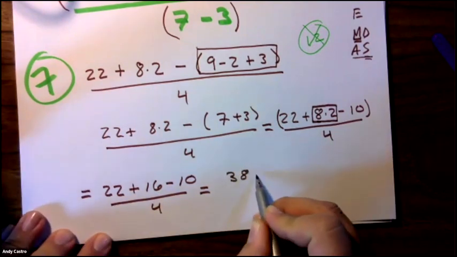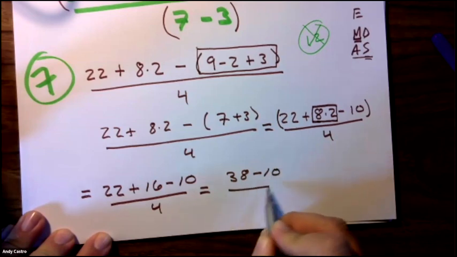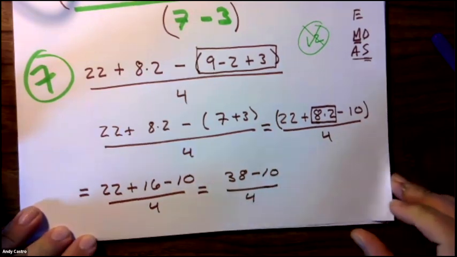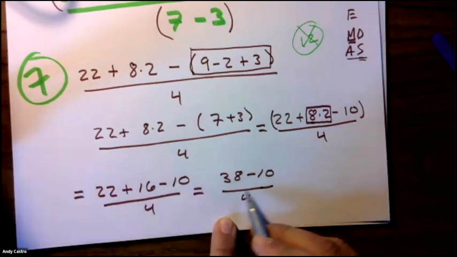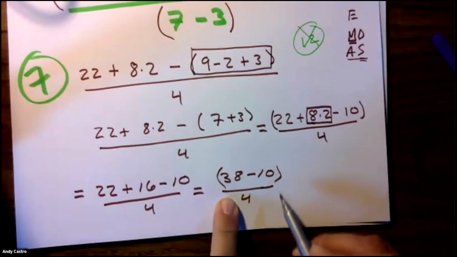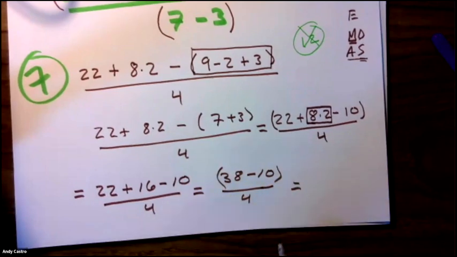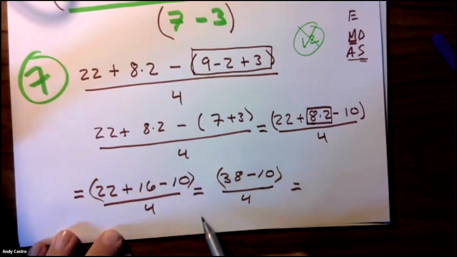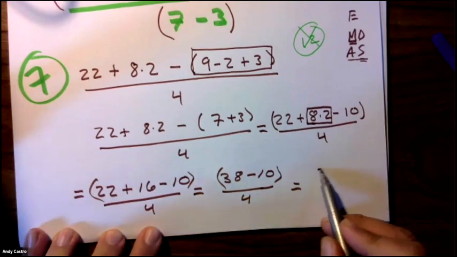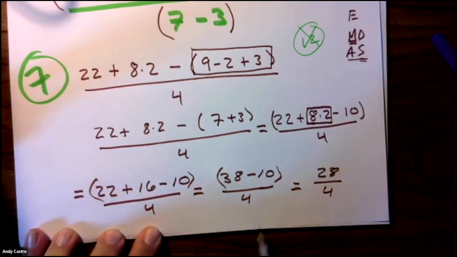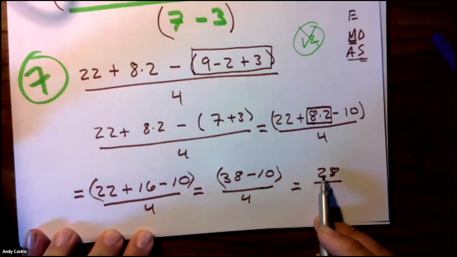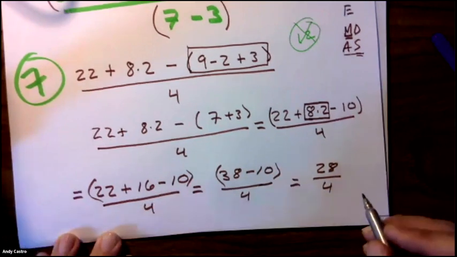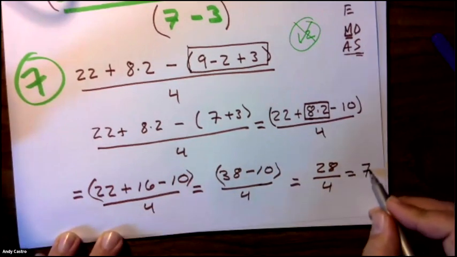So 38 minus 10 over 4. Then I still have the vinculum, so I'm still doing the things inside my parentheses on the top. So 38 minus 10 is 28. Down to one number, 28 over 4. That equals 7.